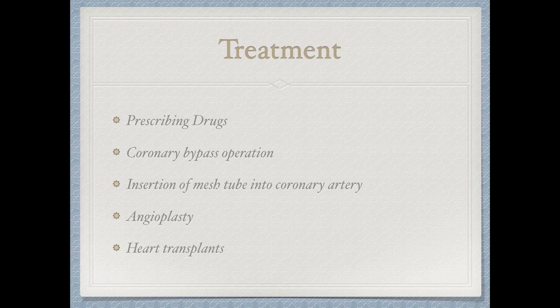Now, in very severe cases, even all the first 4 options might not work, then the patient may require a complete heart transplant. Now, this is very easy to do in terms of operation because surgeons now can almost always do a perfect job of removing the heart and replacing it with a new one.